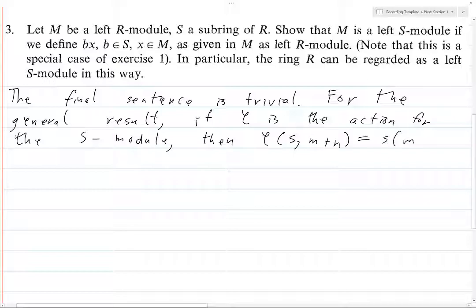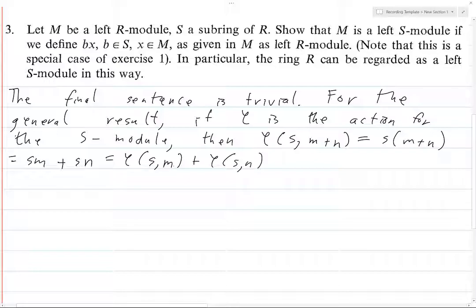The only reason I wrote it out more explicitly is to make it a little more clear what's going on, but it's not really necessary. So anyways, you just multiply, and then you have sm plus sn, which is equal to phi of sm plus phi of sn. Okay, and so this is all fine.